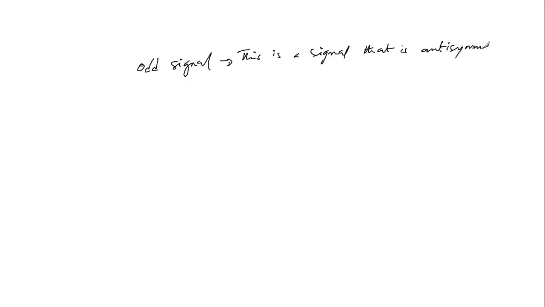Now let us look at another signal, which is an odd signal. This is a signal that is antisymmetrical above the x axis, or better still, the y axis.